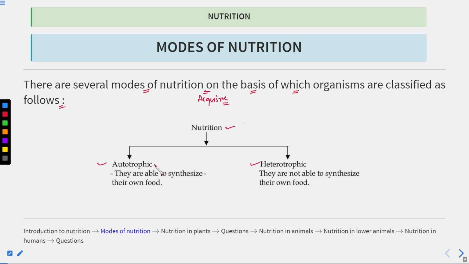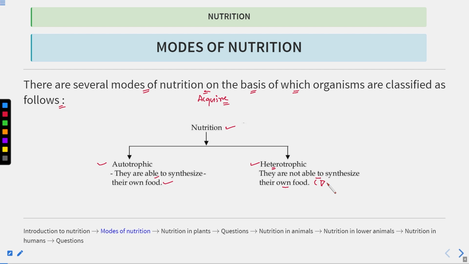Autotrophic organisms are those organisms which are able to synthesize their own food. And what are heterotrophs? Hetero means different. So, these organisms depend on other organisms or other living things for nutrition, and they are not able to synthesize their own food.